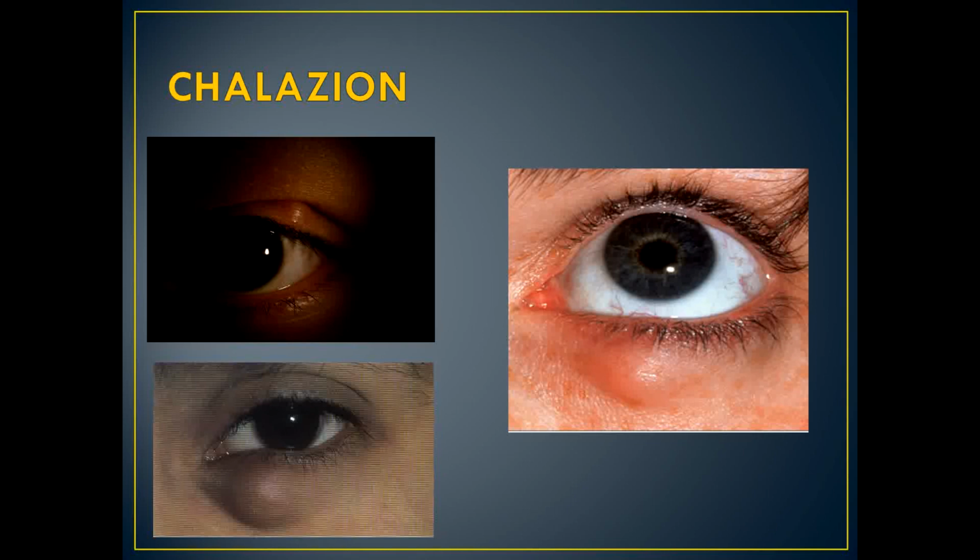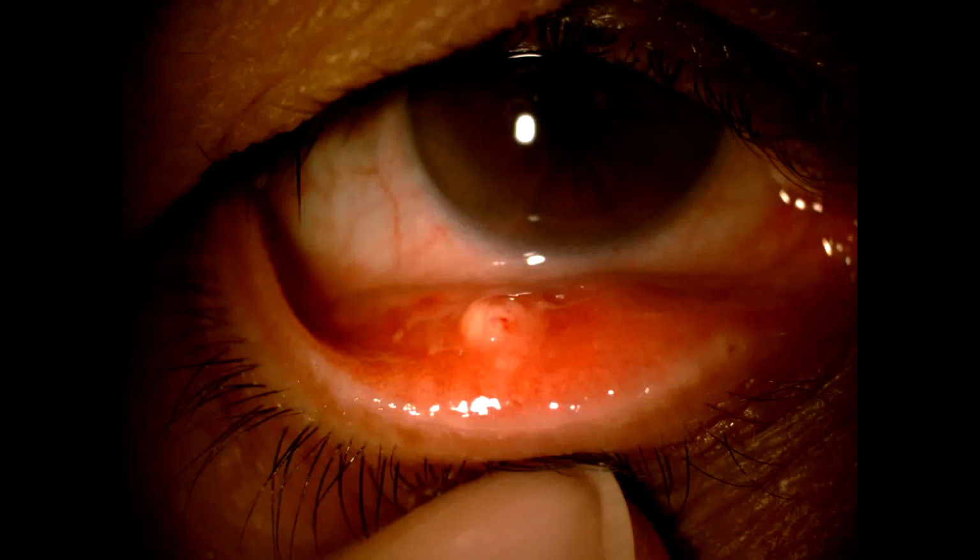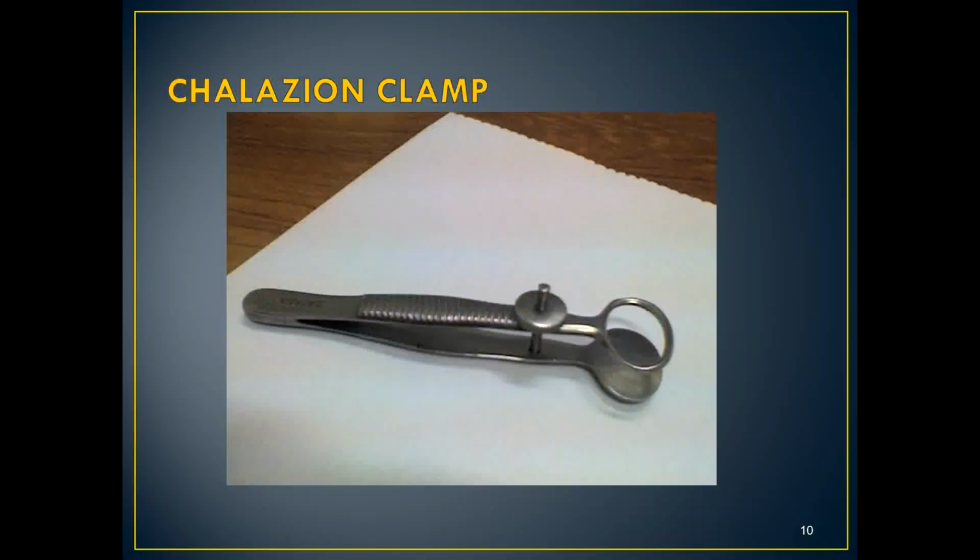Another type of lid swelling is chalazion, that is without any pus point, away from the lid margin, globular in shape. If you invert the lid margin in the patient with the chalazion on the inner side, you can see the inflamed overlying area.